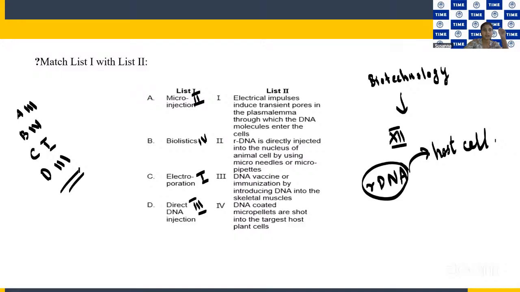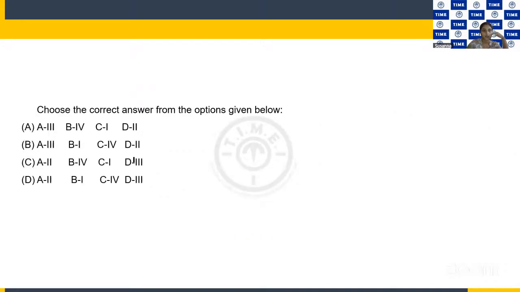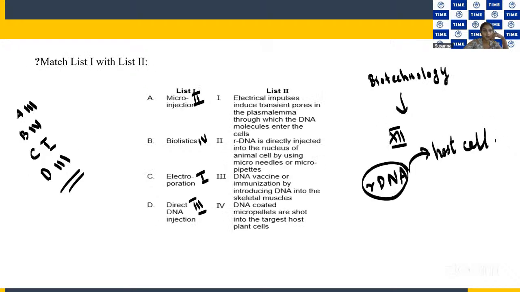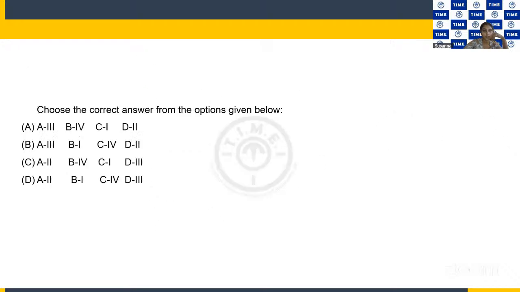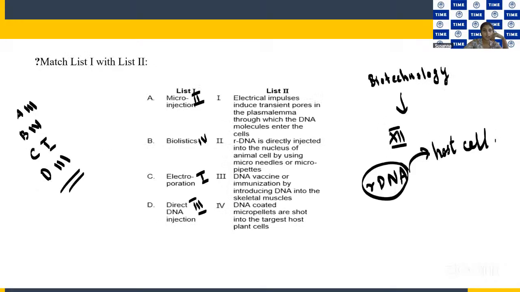That is A3, B4, C1. A3, B4, C1. Yes, it's there. Then it's D3. Sorry, it's A3, B4, C1, and D. Okay, I think I have made some mistake here.